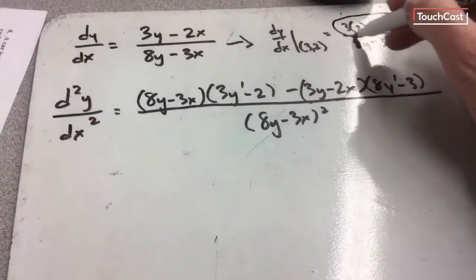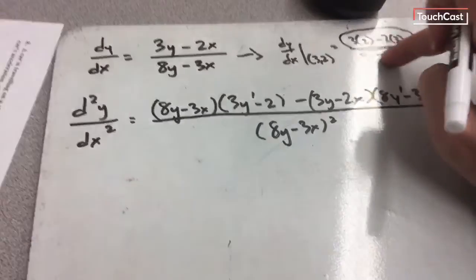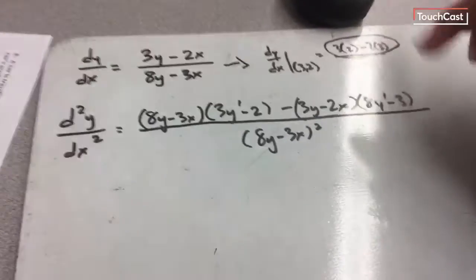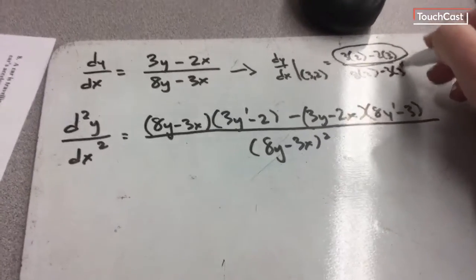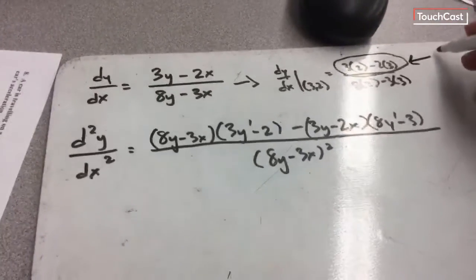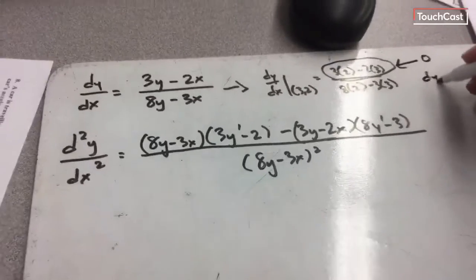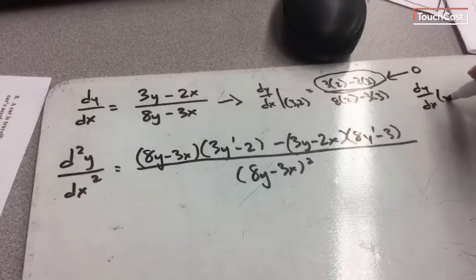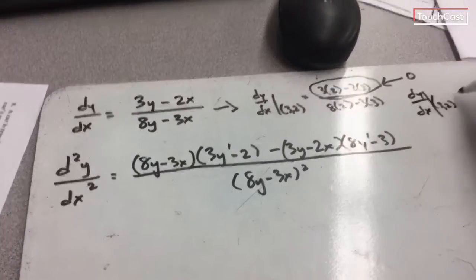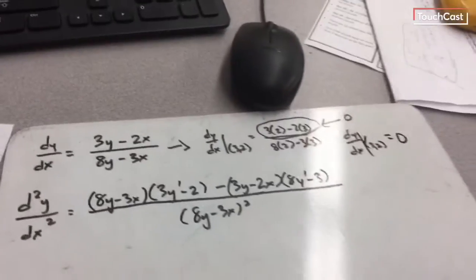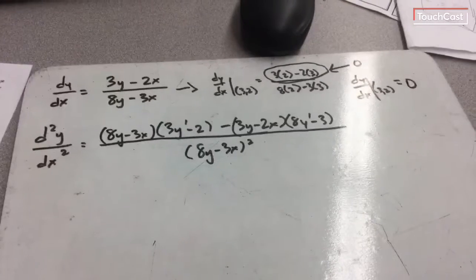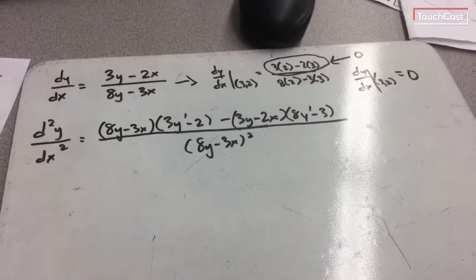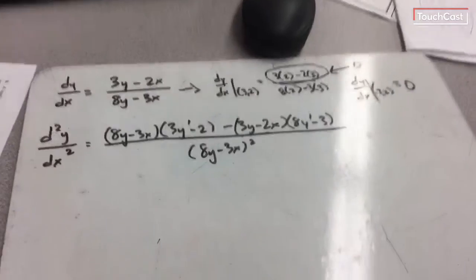And that was because that numerator was going to be 0. This is going to be 8 times 2 minus 3 times 3. It doesn't really matter because that numerator is 0. So dy/dx at (3, 2) is 0. Now when I evaluate my d squared y/dx squared at (3, 2), anytime I see y prime, I'm going to be able to replace it with 0. I'm going to do that next.